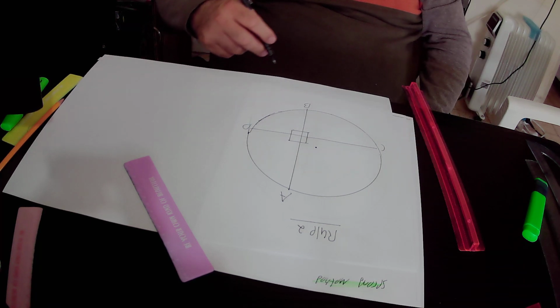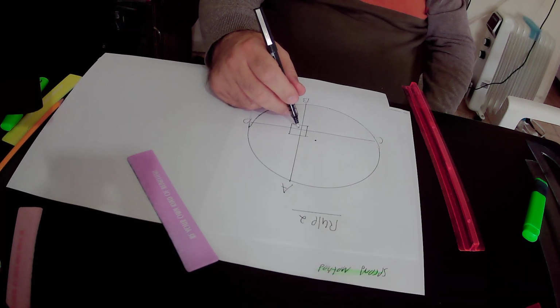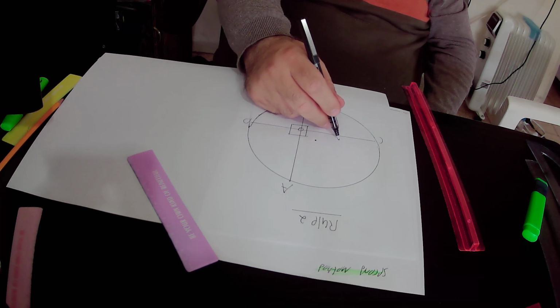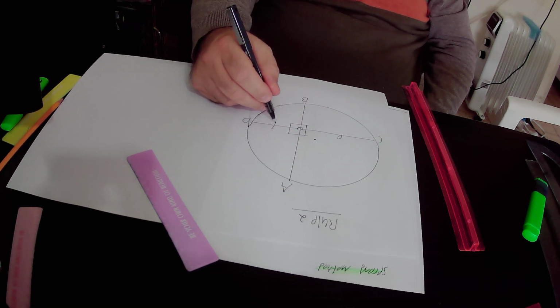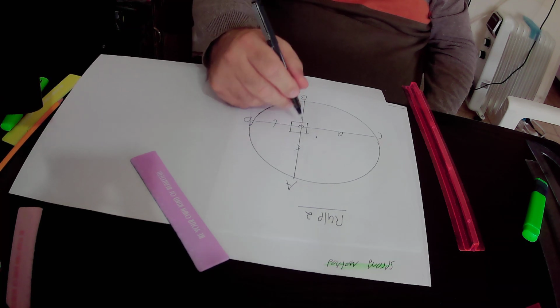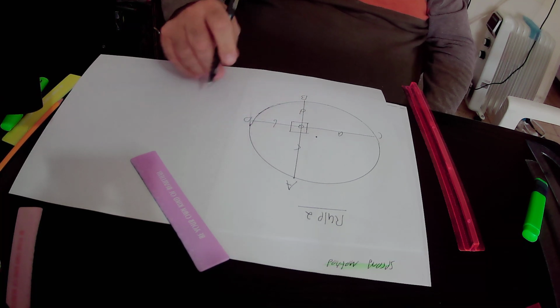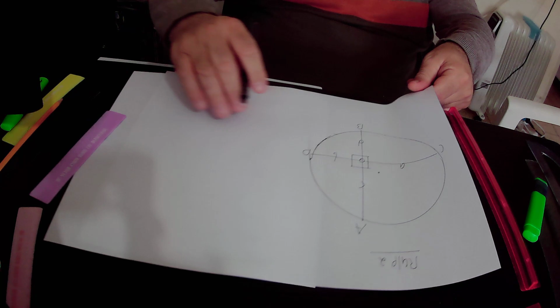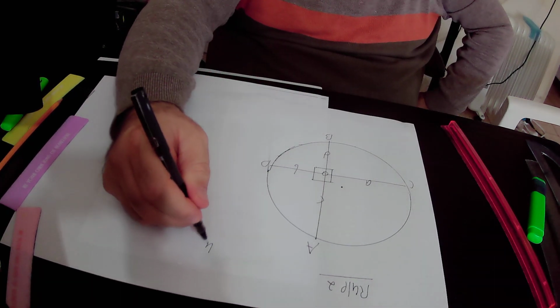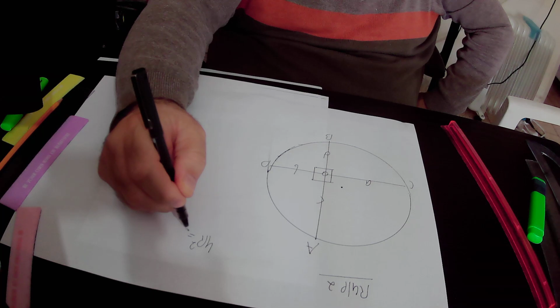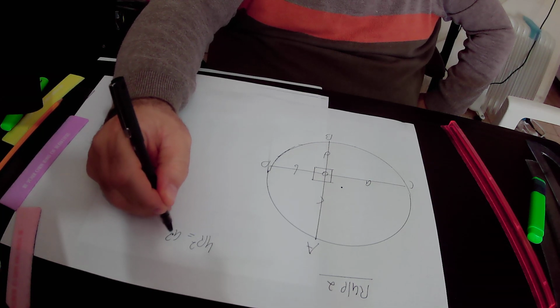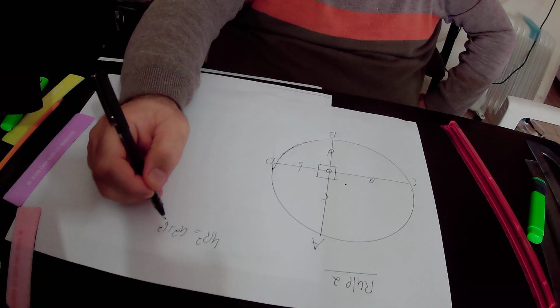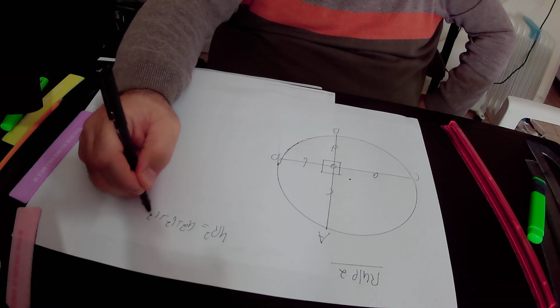Okay. We will define the intersection point as point O. CO equals A, OD equals B, AO equals C, and OB equals D. Then according to rule number 2, the following equation is true: 4 times R squared equals A squared plus B squared plus C squared plus D squared.